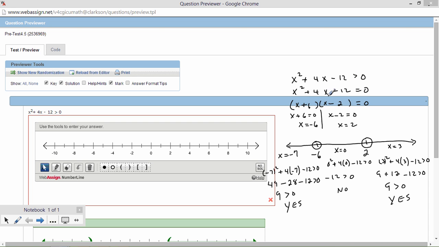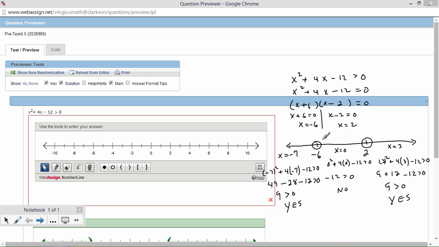Solving the resulting quadratic equation is not really a huge problem. It factors easily into x plus 6 and x minus 2 in some order. And then, of course, because it's a product equal to 0, we set each one of those factors equal to 0. And we arrive at two answers, x equals minus 6 and x equals 2.